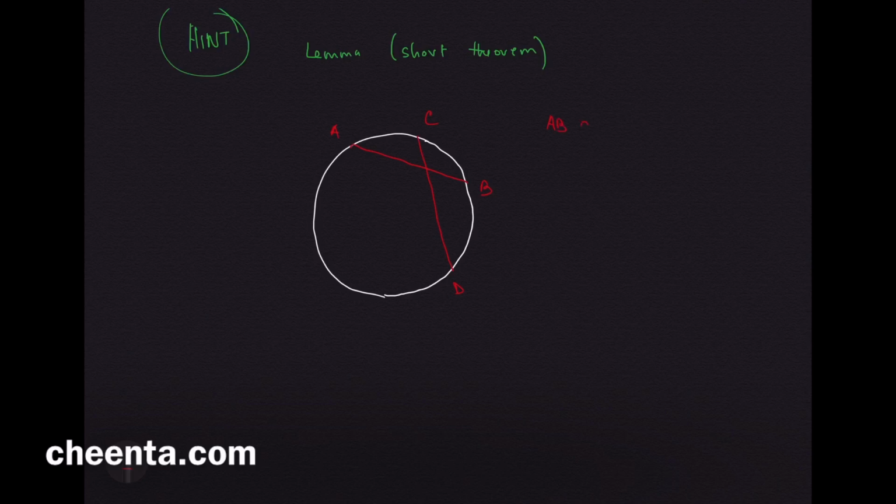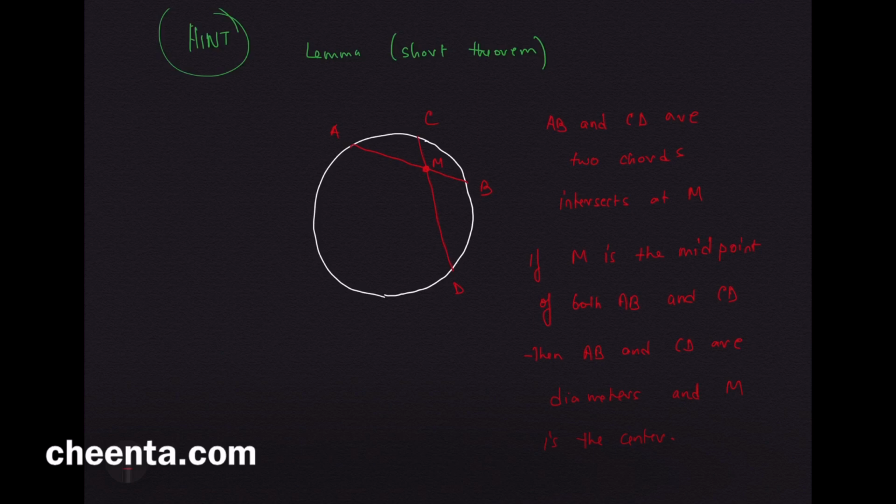So AB and CD are two chords, and they intersect at M. If M is the midpoint of both AB and CD, then AB and CD are diameters and M is the center of the circle. M is the center.